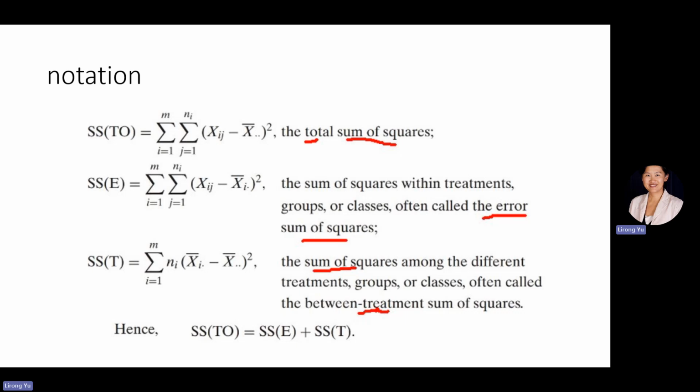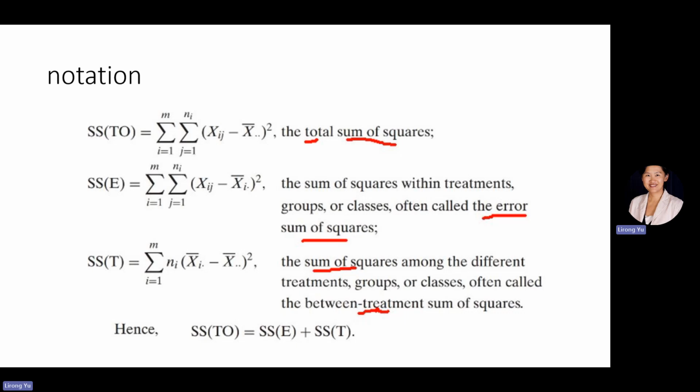And this X bar with 2 dots is the total mean among all groups, and X bar i represents the mean within each group. Here, mean for group 1 minus total mean, mean for group 2 minus total mean, mean for group 3 minus total mean, each multiplied by the number of data points within the group. So this is the summation of squares between the groups. Any questions? The top one is the total sum of squares. If you add SST with SSE, that's your SS total.